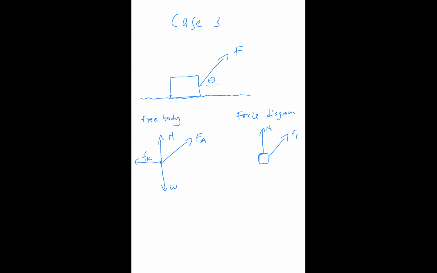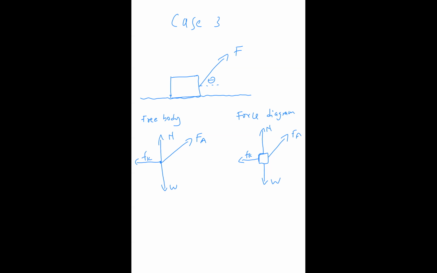FA, FK, and weight. I hope you can see the difference between free body and the force diagram. They're different. For free body, we just use the dot, and for force diagram, we use a box or a circle. We are also allowed to use this.